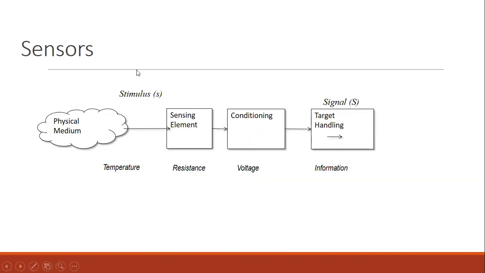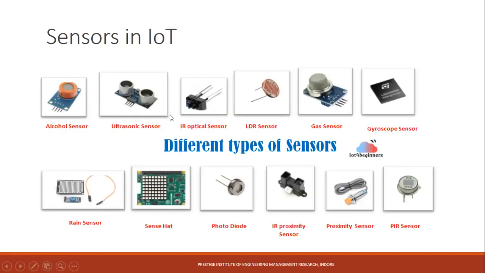Now, here you can see the simple block diagram of a sensor. In the previous slide, you can see the sensors are available in the form of an IC, in the form of a package. Suppose I am taking the example of this ultrasonic sensor.